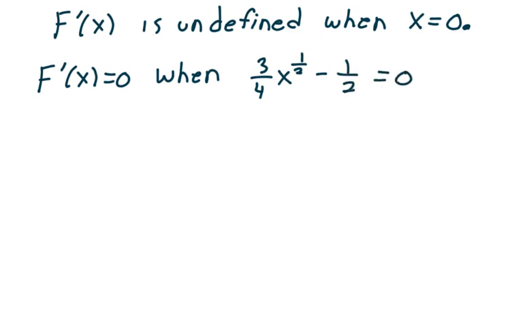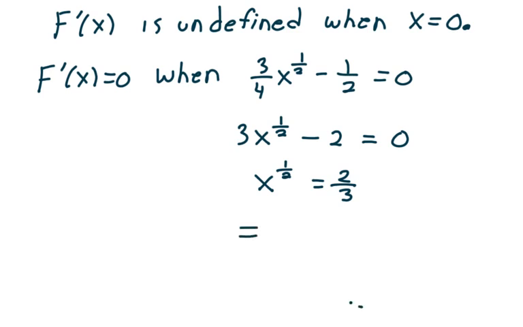Now, multiply through by 4. And so we get 3x to the 1/2 minus 2 equals 0. So x to the 1/2 is 2/3, right? And so I'm going to square both sides. And so by squaring both sides, I say x is 4 over 9.